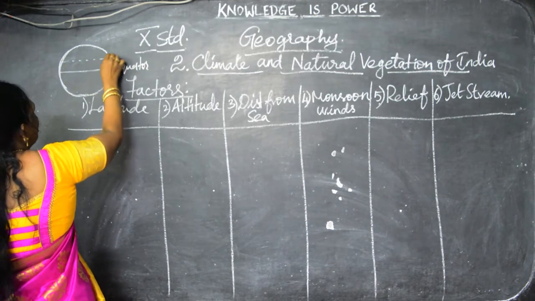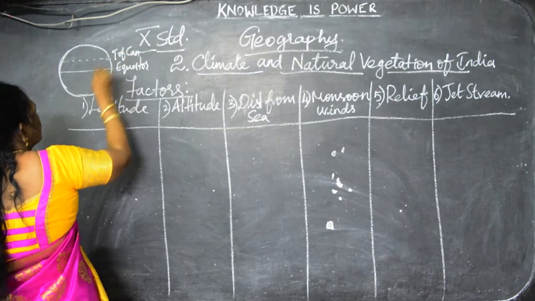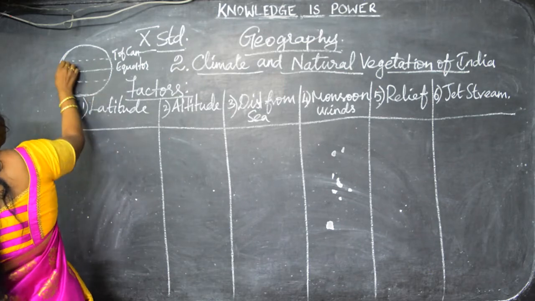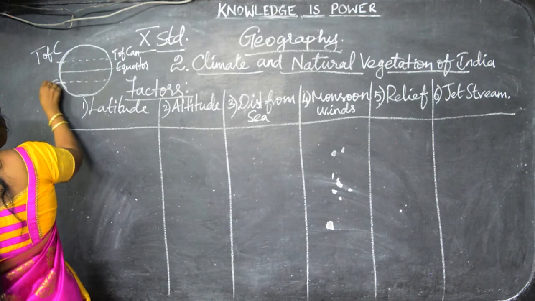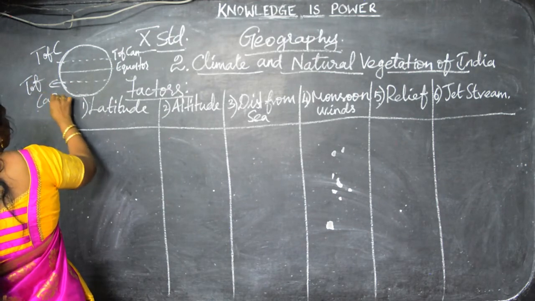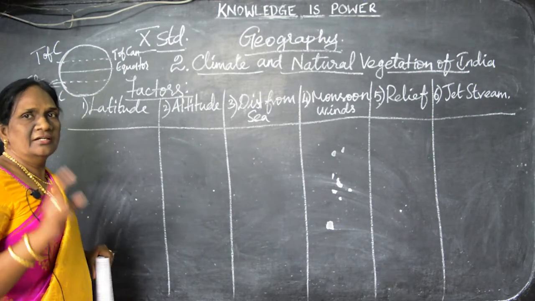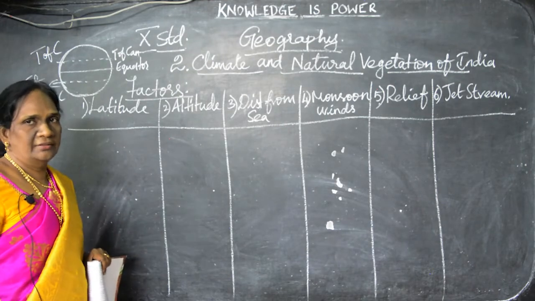The top of the equator is the Tropic of Cancer, and the bottom is the Tropic of Capricorn. These are the imaginary lines which pass through the earth, understand?